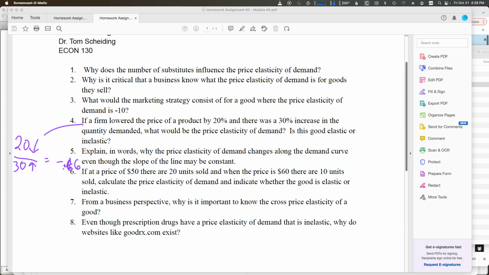So this would be about negative 0.66. That would be inelastic because it's a, oh, sorry, I misread this.